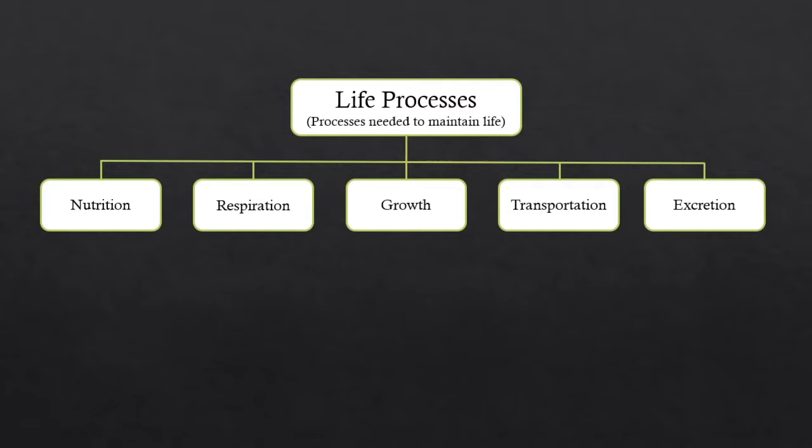Now, once we have all of these metabolic or cellular processes going on, nutrition, respiration, growth, transportation, there are also byproducts that are formed. In our case, for example, we have excretion, as waste is generated in the form of nitrogenous waste and CO2, and these unnecessary substances need to be moved out of the body. Now if they get deposited or accumulated in the body, they will create a lot of problems and complexities.